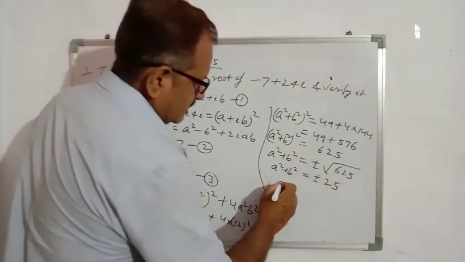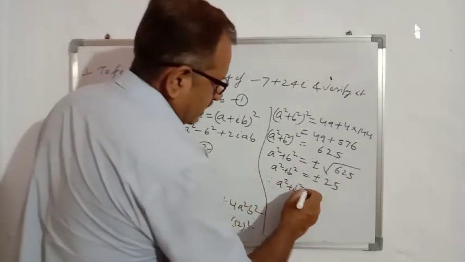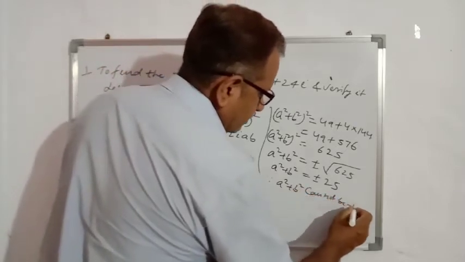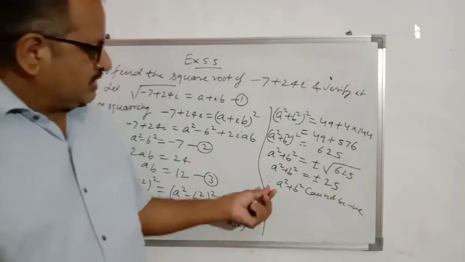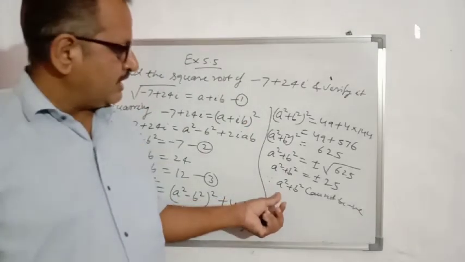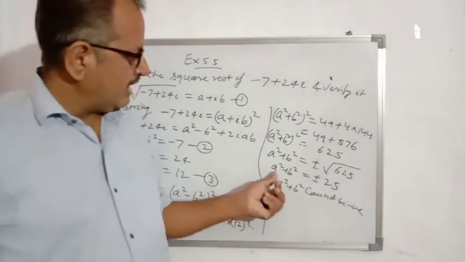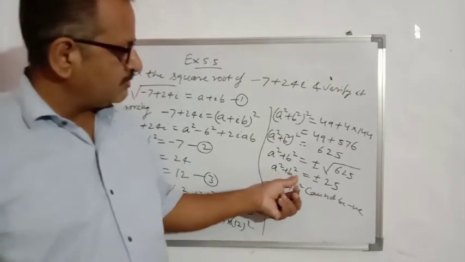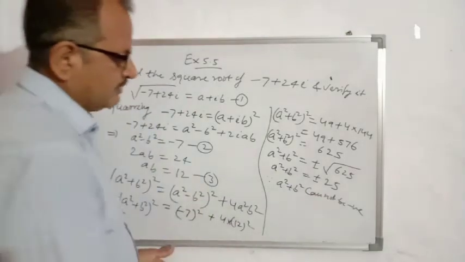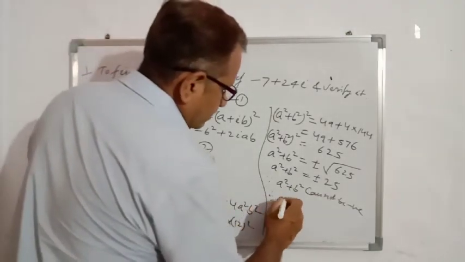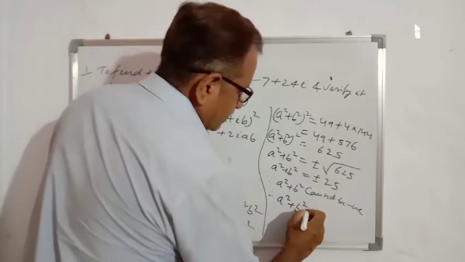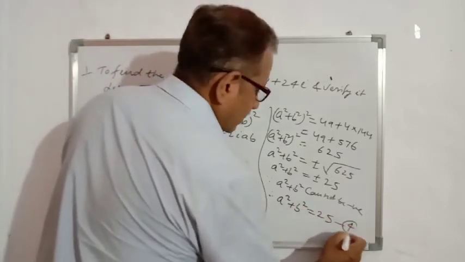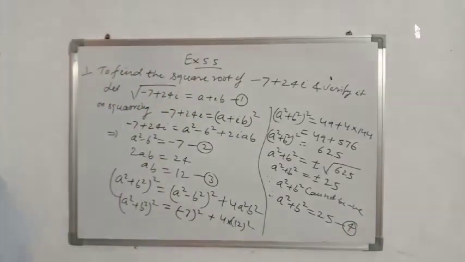Since a square plus b square cannot be negative, the sum of the squares of two real numbers cannot be negative. It means a square plus b square will be equal to 25. So therefore, a square plus b square is equal to 25. It is equation number 4.